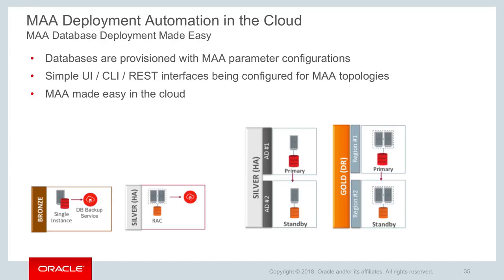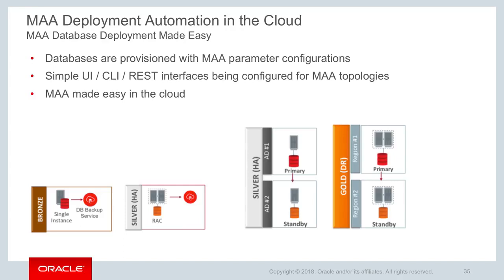One level of silver, which provides high availability for your databases, is to deploy a rack database and back it up to the object storage. An alternate version of the silver maximum availability architecture deployment is to deploy the primary and the standby database using data guard across different availability domains.